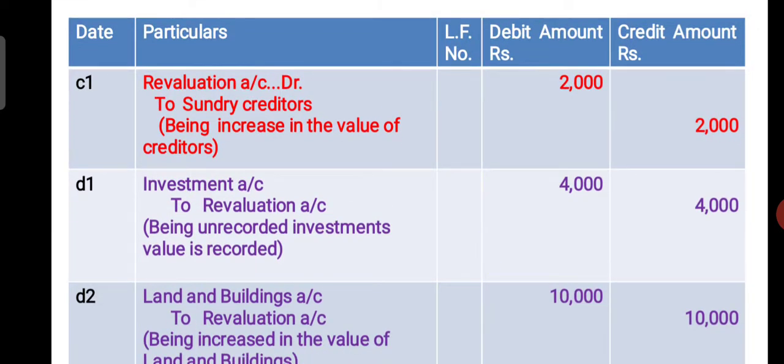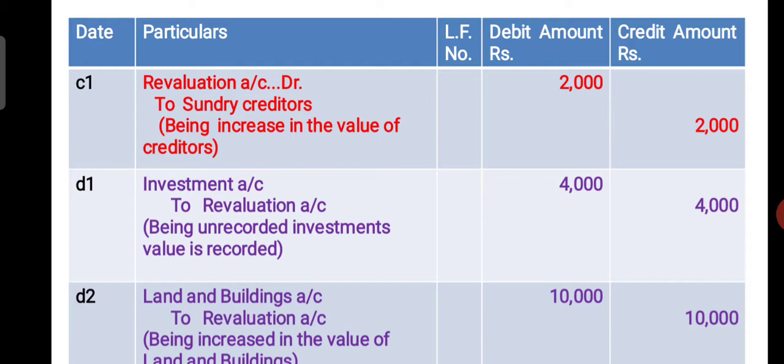Next, C1, revaluation account debit to sundry creditors account. So here there is an increase in the value of liabilities. So revaluation account debit to sundry creditors account 2,000. Narration: being increase in the value of creditors. Next, investments account, which were not recorded earlier but we found now.